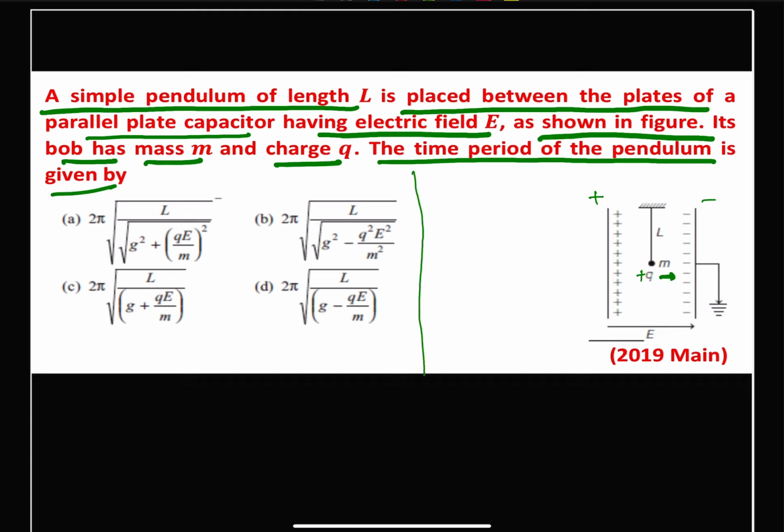One will be the gravitational force, let us suppose we call that Fg, which will be equal to mg, and it will be acting in the downward direction.